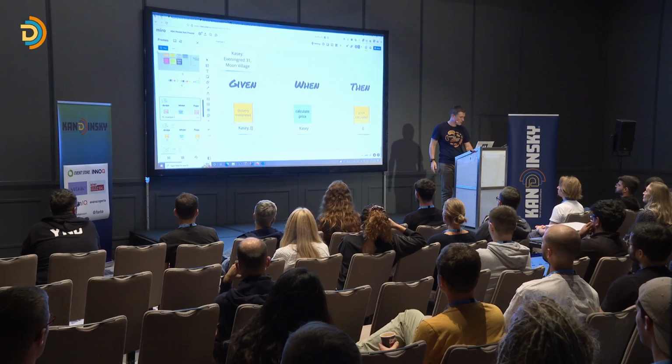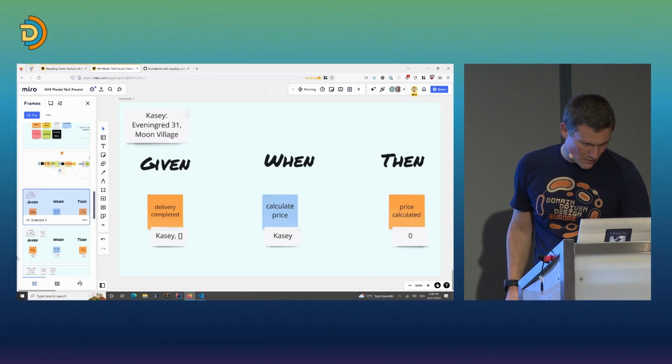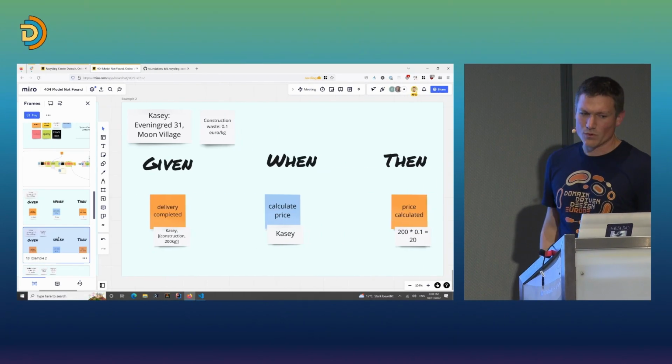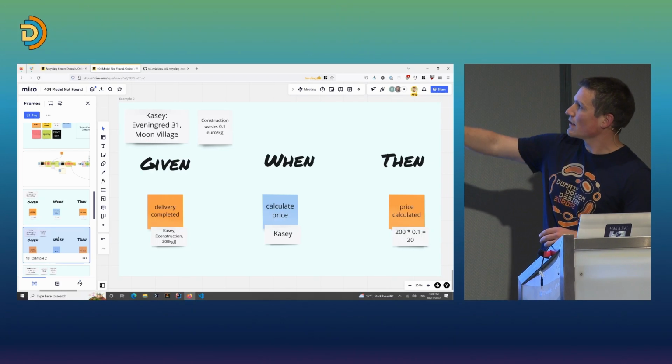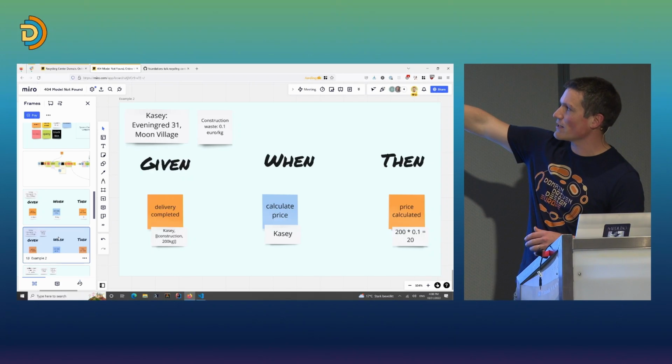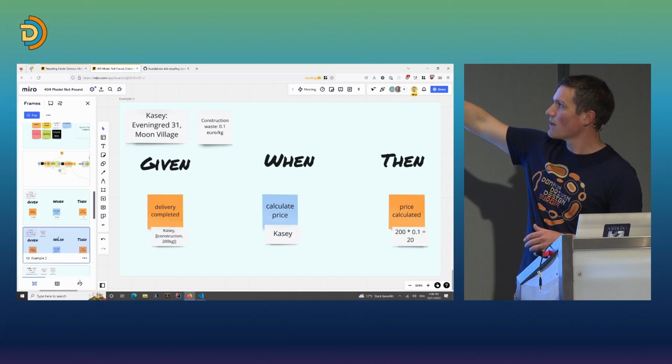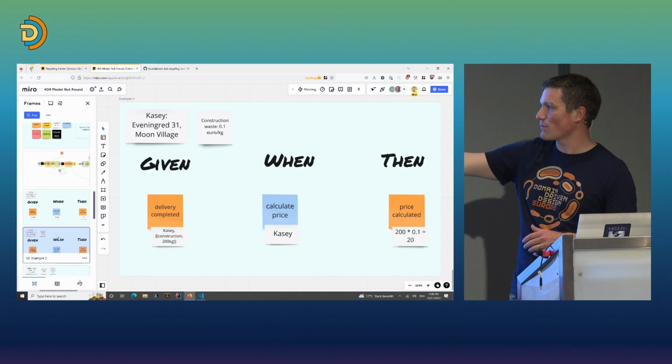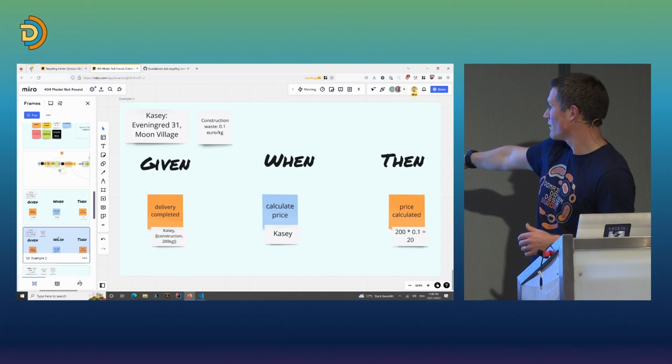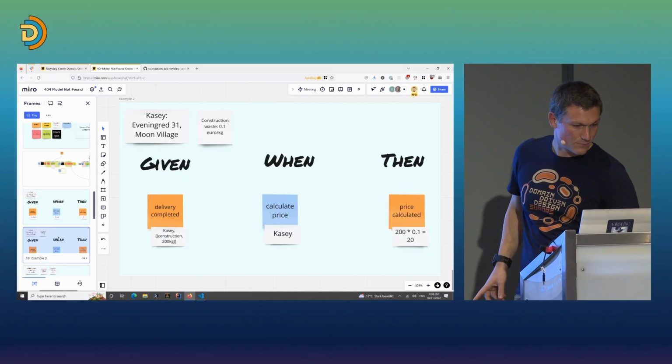Simple enough. Then the next one, again KC, and we say construction waste costs 10 cents per kilo. She drops 200 kilos, the price is 20.